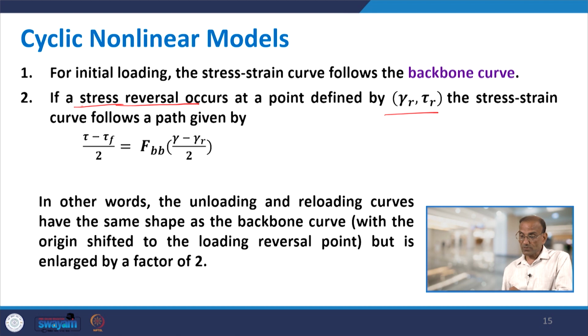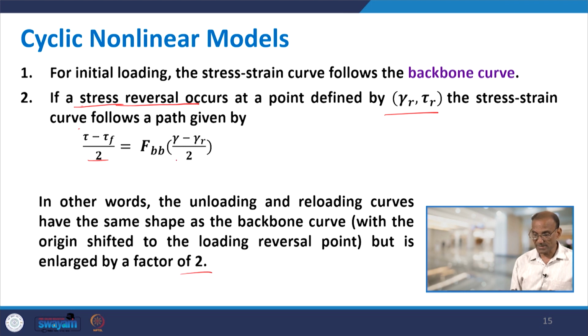In other words, the unloading and reloading curves have the same shape as the original backbone curve, with the origin shifted to the loading reversal point. Instead of tau you now use tau minus tau r, and instead of gamma, gamma minus gamma r, and this loop is enlarged by a factor of 2.